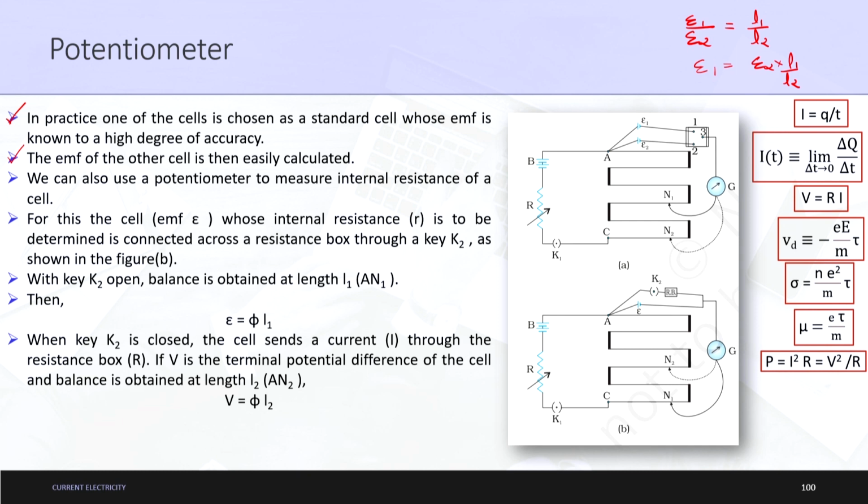Next, we can also use a potentiometer to measure the internal resistance of a cell. So, the first application was to find an unknown EMF, given that one EMF is known to higher accuracy.